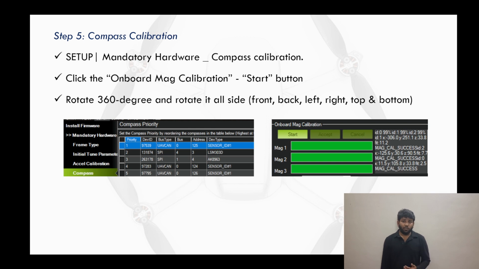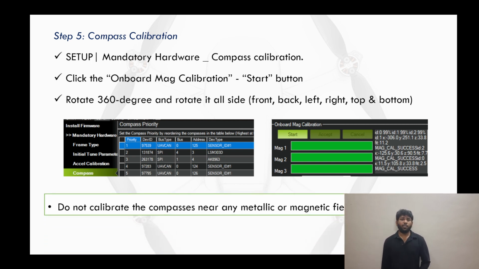When the drone is in calibration mode, rotate the copter a full 360 degrees, and ensure the compass calibration is performed in an environment free from metallic or magnetic fields to prevent interference.